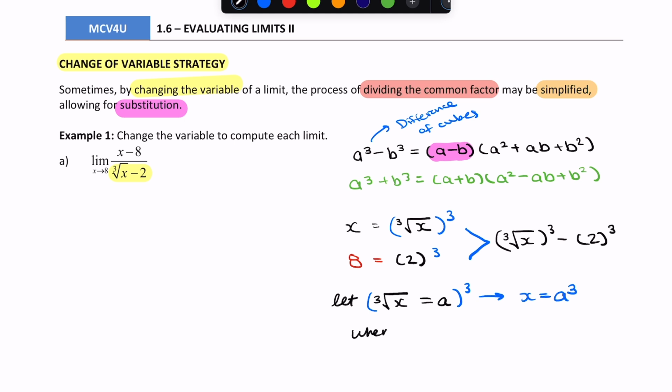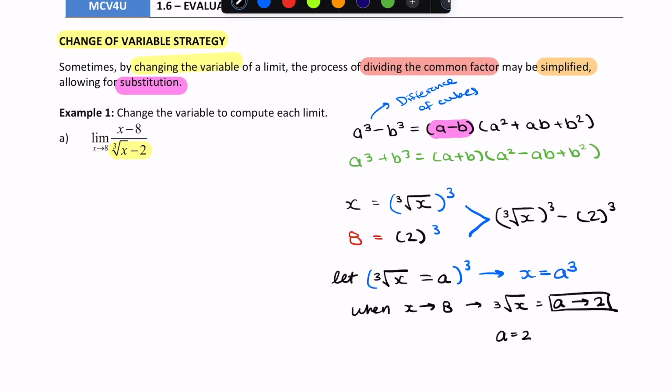So when x is approaching 8, the cube root of x means that a is going to be approaching 2. So here a is equal to 2. And now we have to rewrite this limit based on these substitutions.